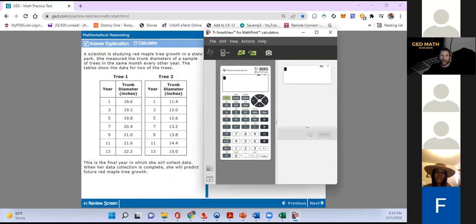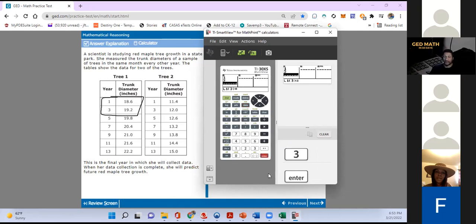Boom. Once you identify that these are my 2 points, I go to my calculator, I go to data, I put my X's in: 1, enter, 3, enter. I hit my right arrow, I put my Y's in: 18.6, enter, 19.2, enter. Second, data, 2 variable, calculate. Come down to my A and B. Look at that.